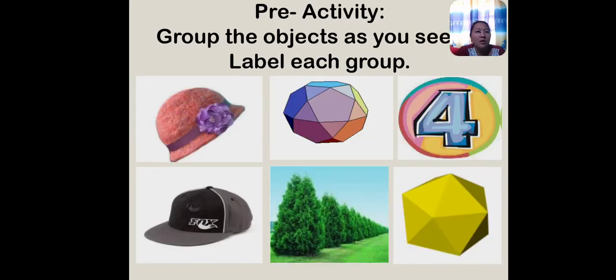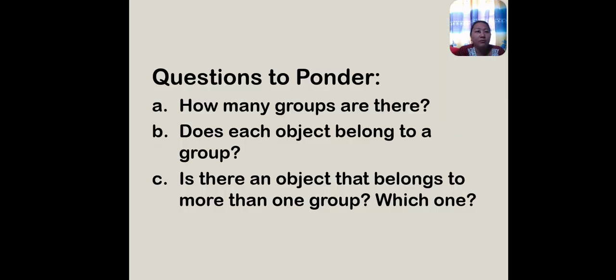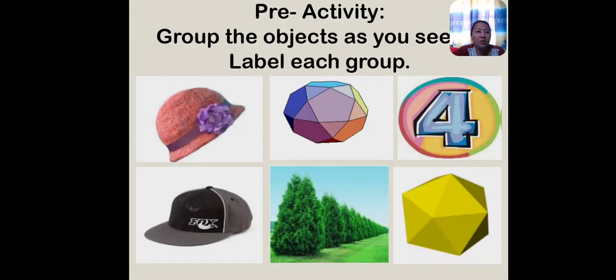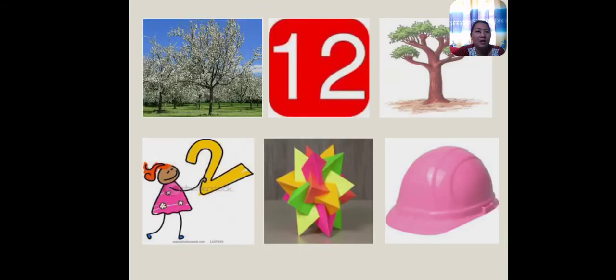As we can see, there are four groups in the following objects. The first group is the group of hats, or head covering. How many hats or head coverings are there?